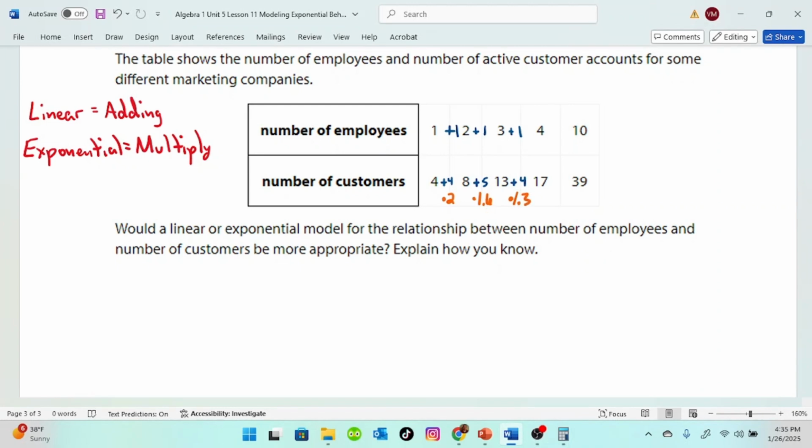So if I was going to say one of these fit better, I believe it looks more consistently to say that we're adding about the same amount each time rather than we're multiplying by the same amount each time.